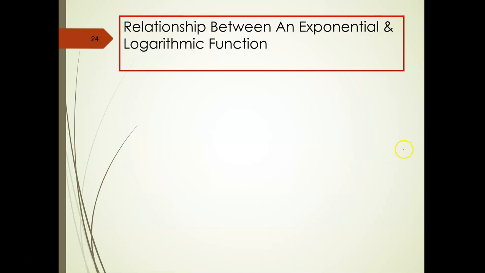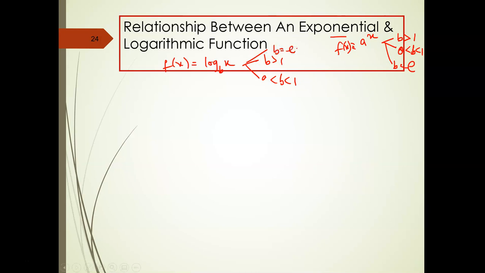Next, the relationship between an exponential and a logarithm function. f(x) equals a^x, and f(x) equals log base b of x. There are two cases. x is always a real number, but what changes is your b: b greater than 1, or b between 0 and 1. We also have a special case where b equals e.